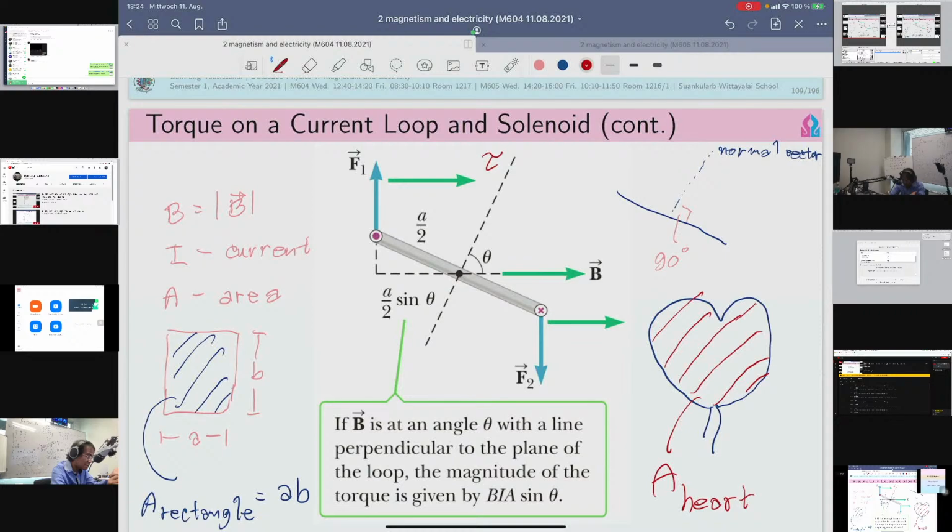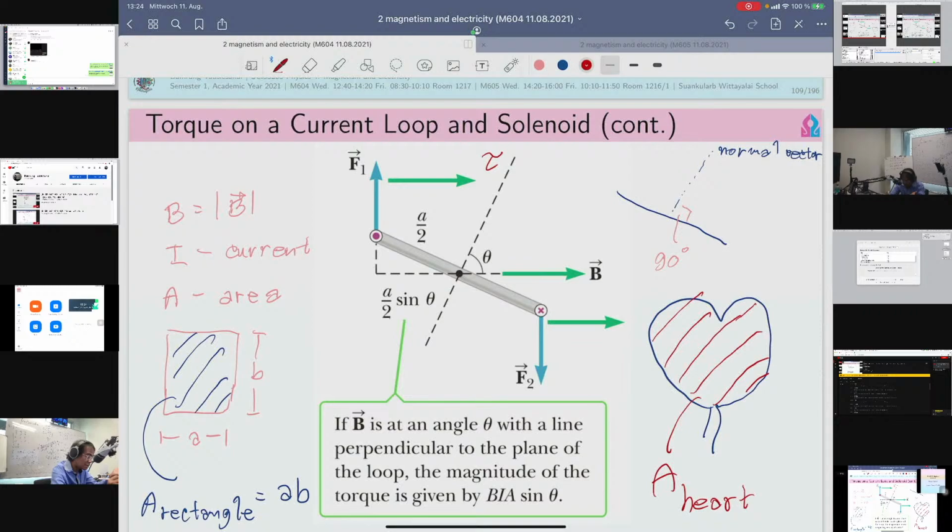A by 2 is here, the length of the conductor is over there already, but the distance here is not A by 2. There is a factor inserted at the end of A by 2.